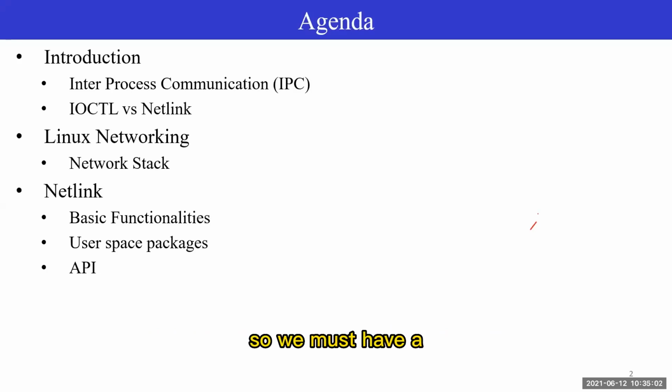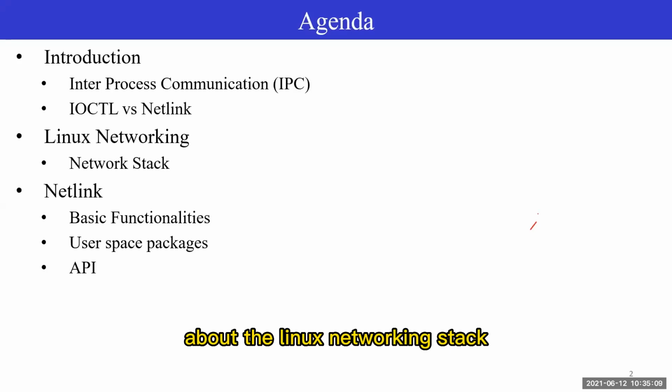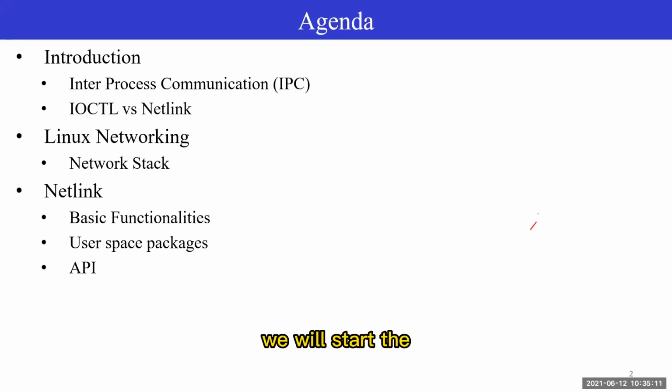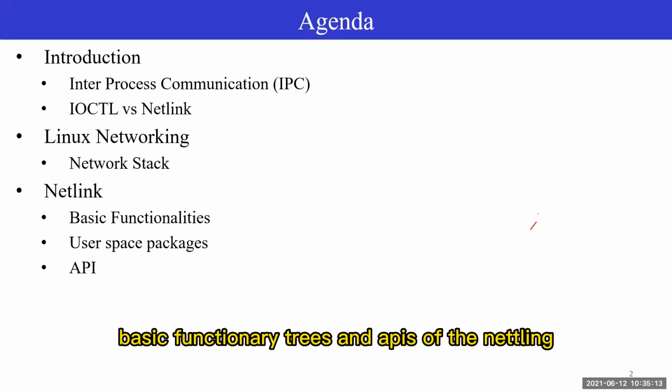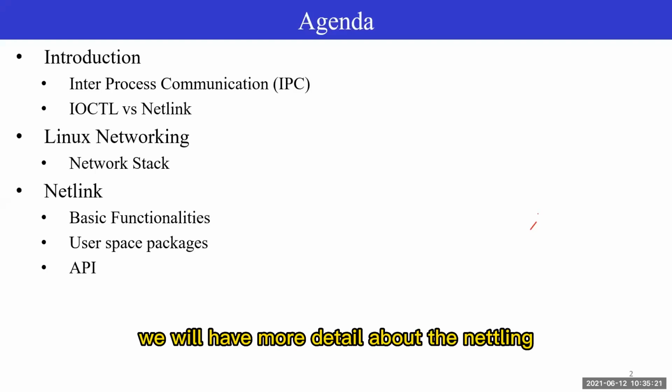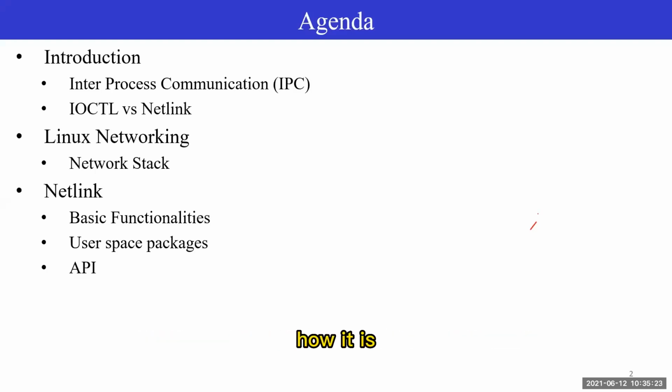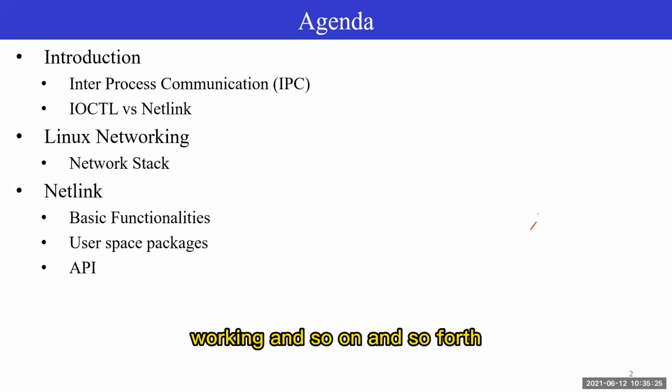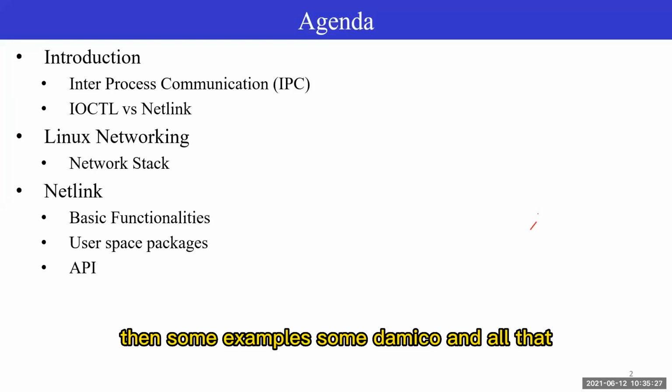So we must have a brief idea, if not the detailed idea, about the Linux networking stack. And then we will start the basic functionalities and APIs of the Netlink socket. Later, in the next session, we will have more detail about Netlink, how it is working and so on. Then some examples, some dummy code and all that.